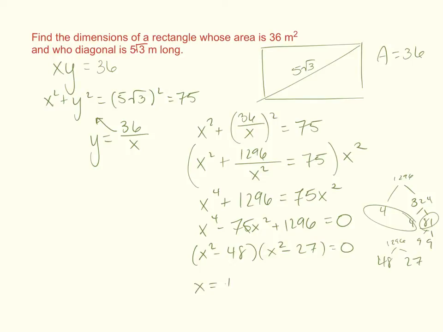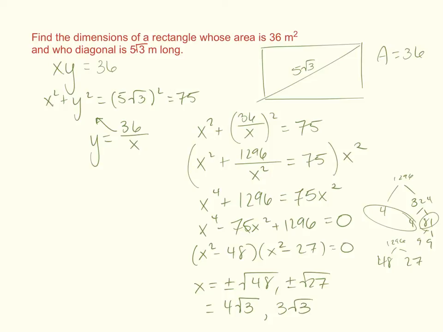So x is equal to plus or minus the square root of 48 and plus or minus the square root of 27. But since we're working in measurements, we don't want the negatives. So 48 reduces to 4 root 3. And 27 reduces to 3 root 3.